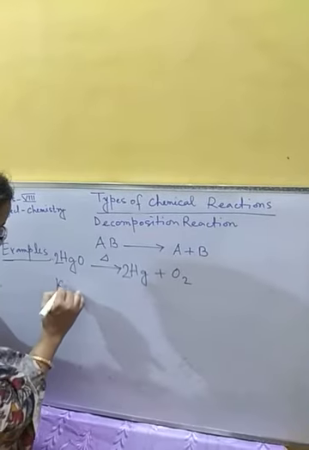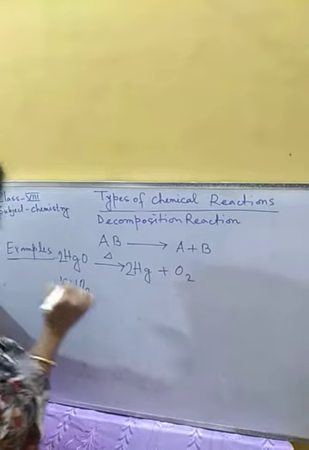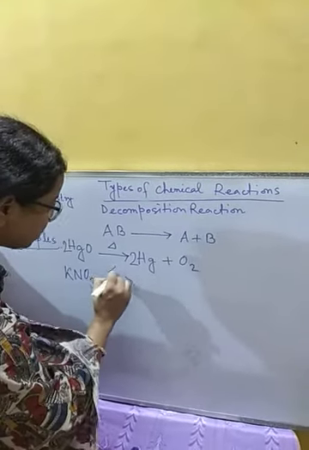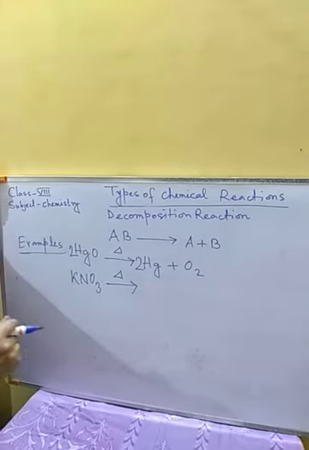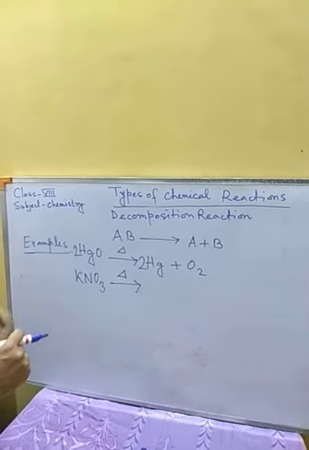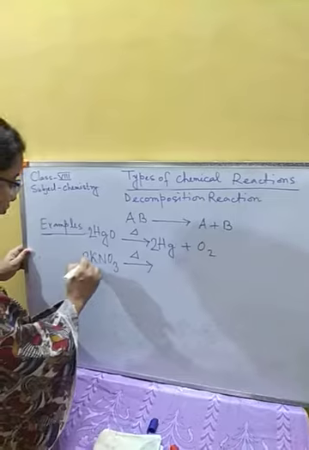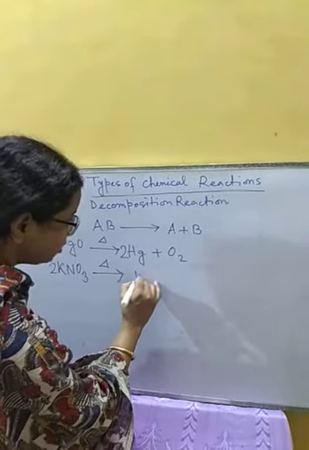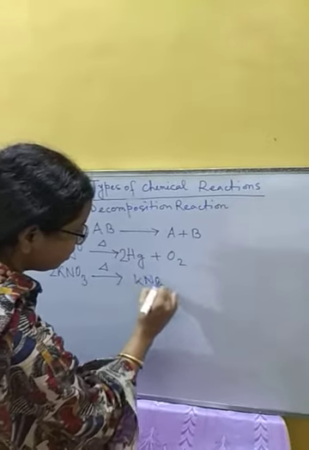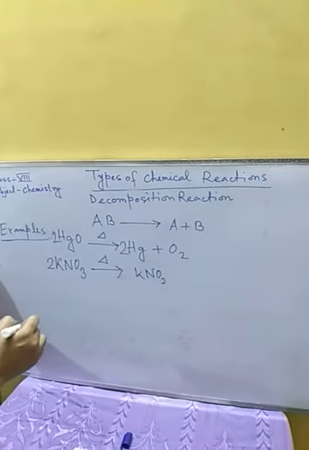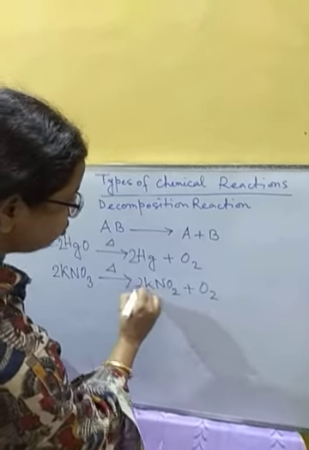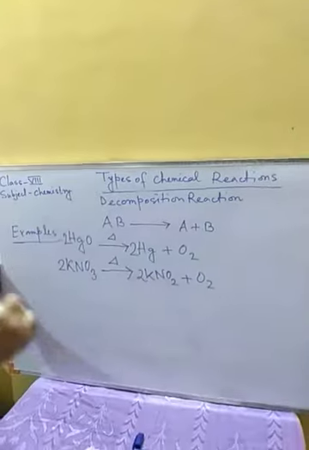Another reaction, potassium nitrate, KNO3. If we heat this, delta is the sign of heat, from 2 potassium nitrate we get 2 potassium nitrite, 2 KNO2, plus oxygen.